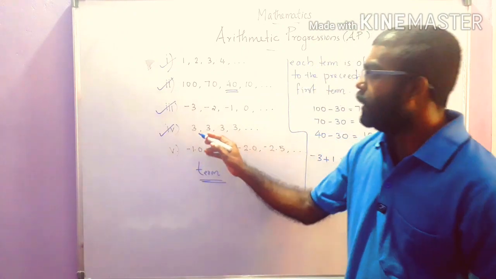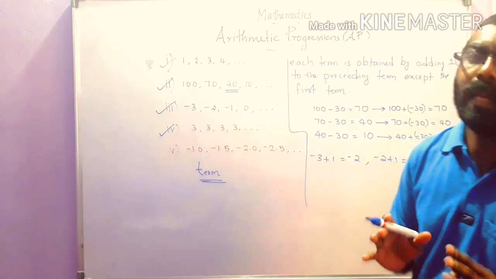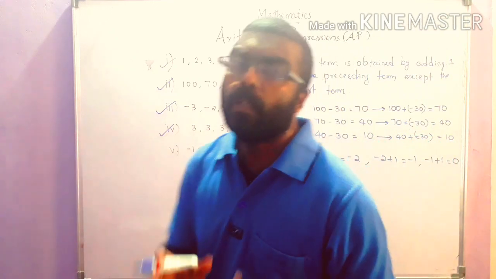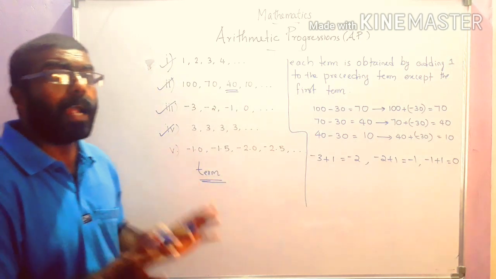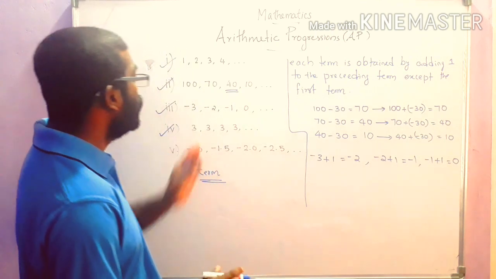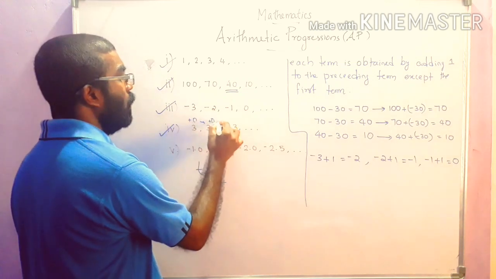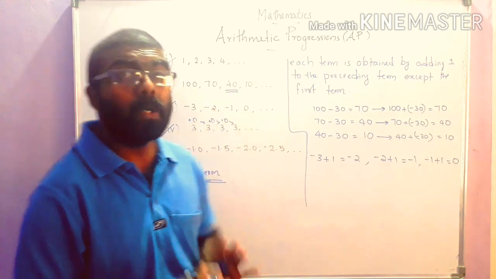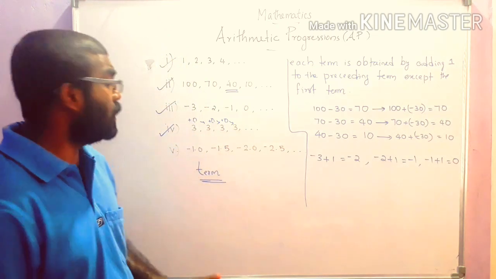Here each and every term is 3. That means all the terms are alike, the same, or fixed. So we can say that no number is added to each term, or in other words, 0 is added to each term. That is, 3 plus 0 gives 3, again 3 plus 0 gives 3, and so on. So 0 is added to each and every term except the first term.